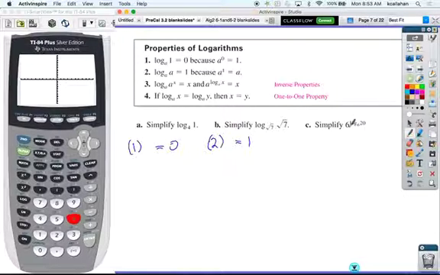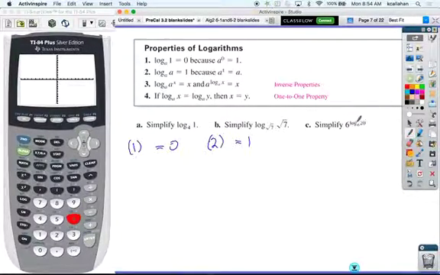Okay, 6 to the log base 6 of 20. What do you think? Doesn't that look like this one? a to the log base a of x equals x.